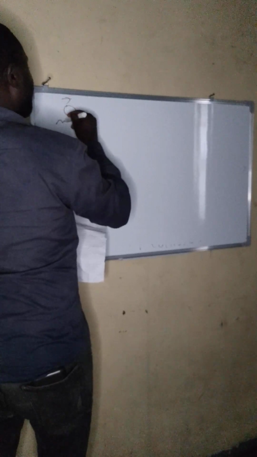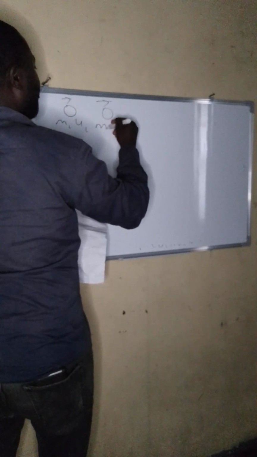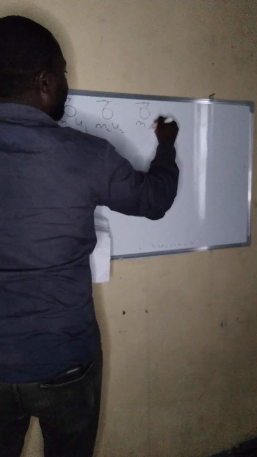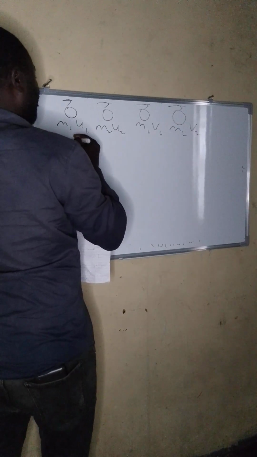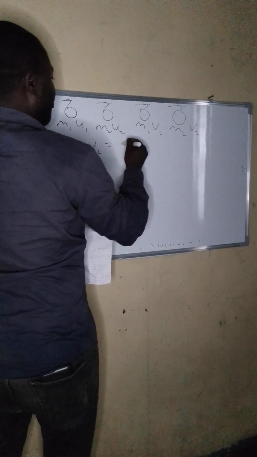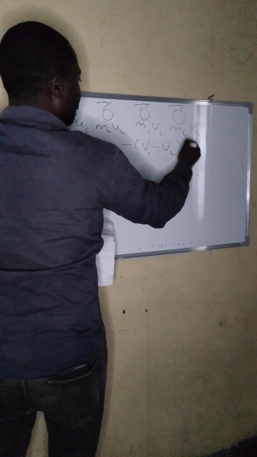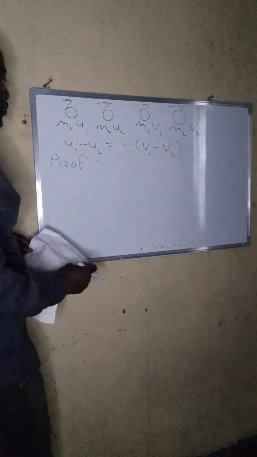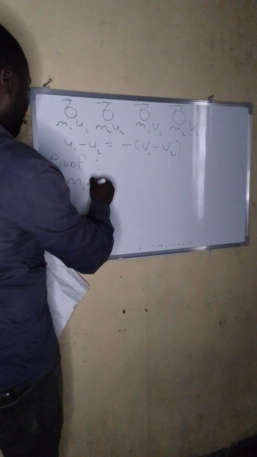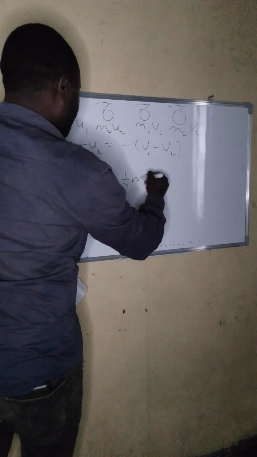So we've got two objects, m1, u1 and m2, u2, and after collision m1, v1 and m2, v2. The proof: half m1 u1 squared plus half m2 u2 squared is equal to half m1 v1 squared plus half m2 v2 squared.